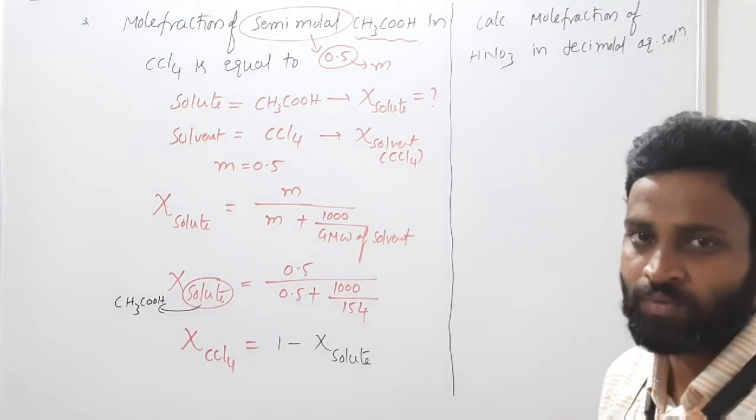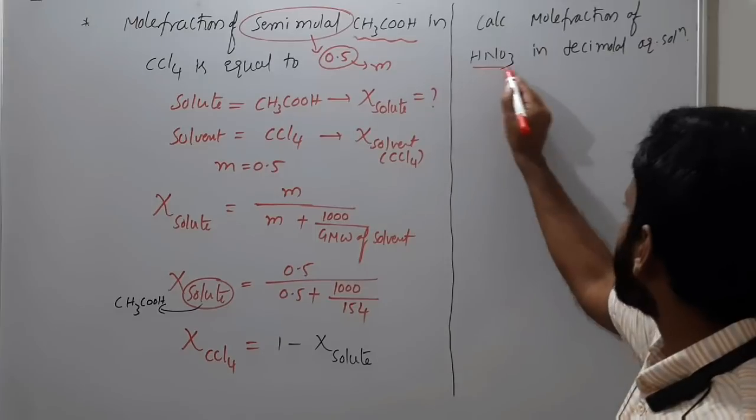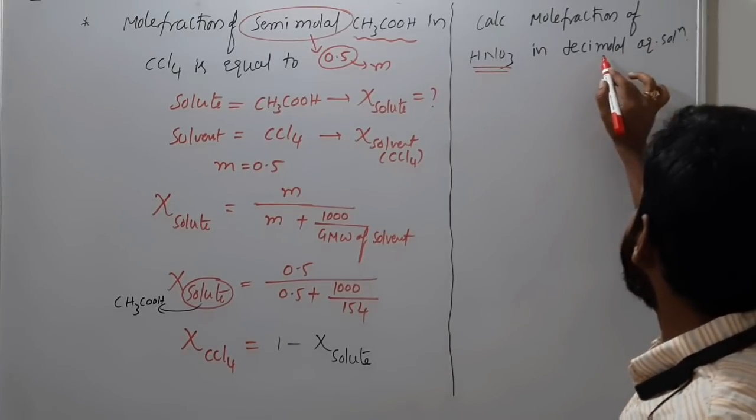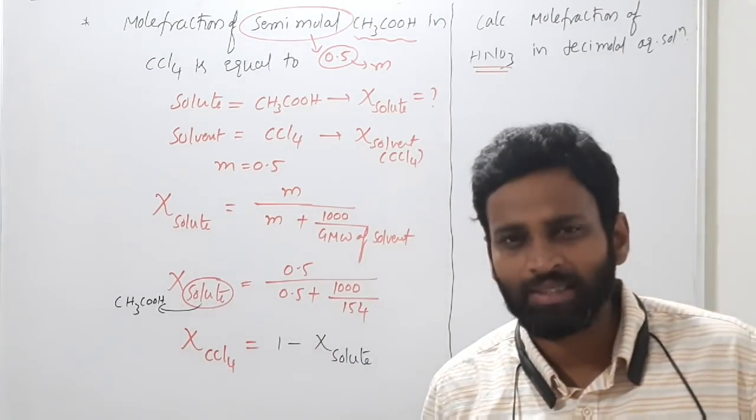Now what formula will you use? I am asking what formula you will use. Calculate mole fraction of HNO3 in decimolar aqueous solution. Deci, centi, whatever they are asking.